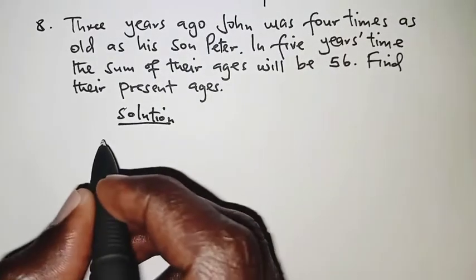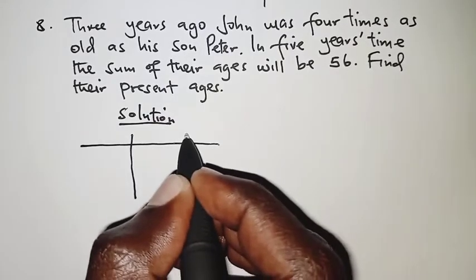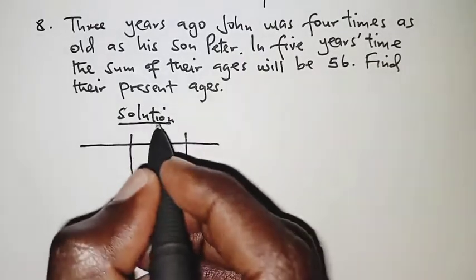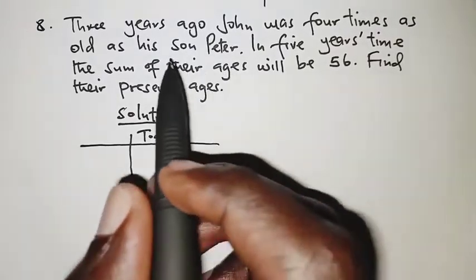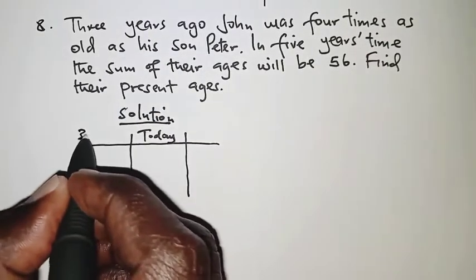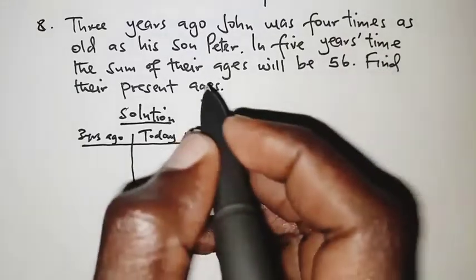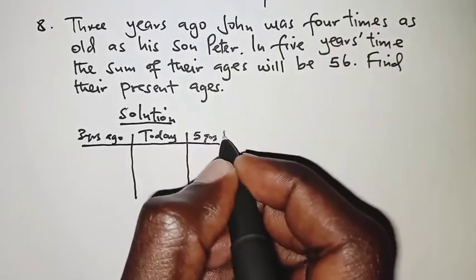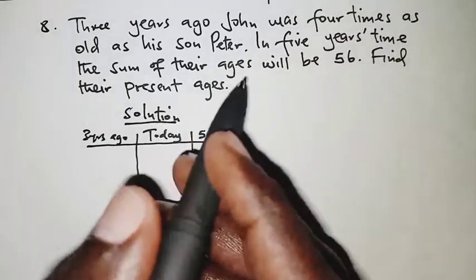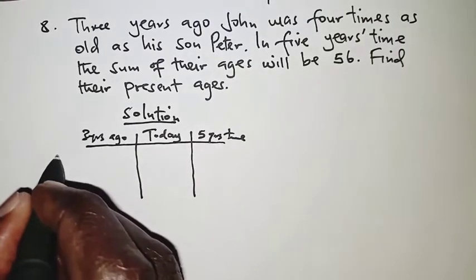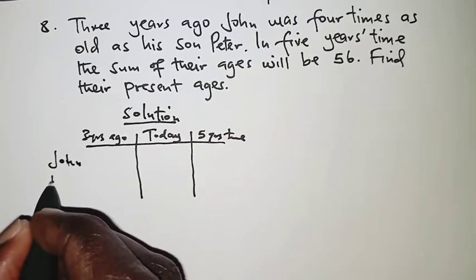So we can get a summary of the question in a table, with the present, 3 years ago, and then 5 years' time, all captured in the table. So we have John and we have Peter.